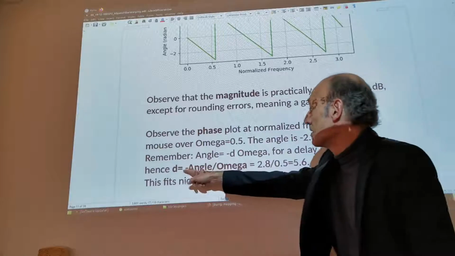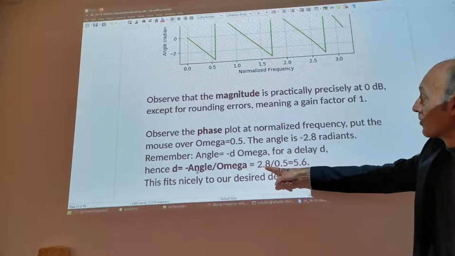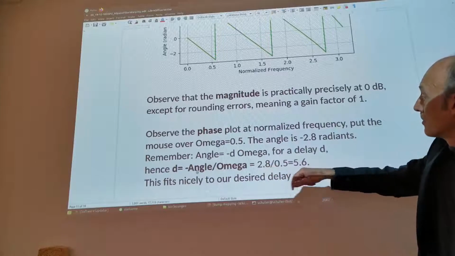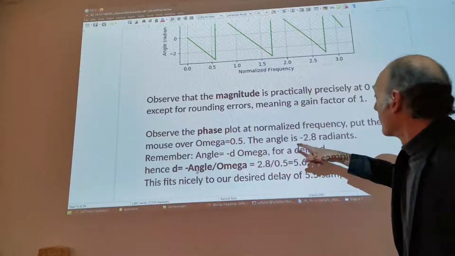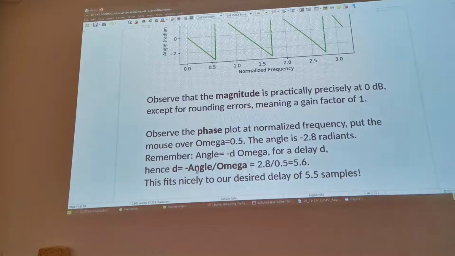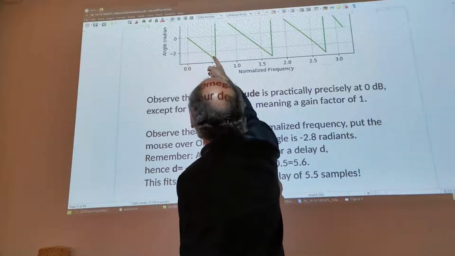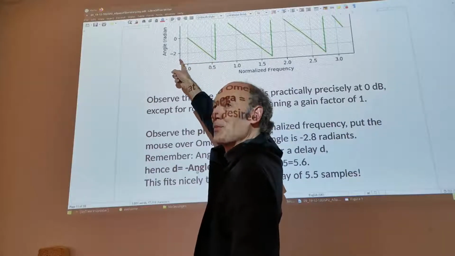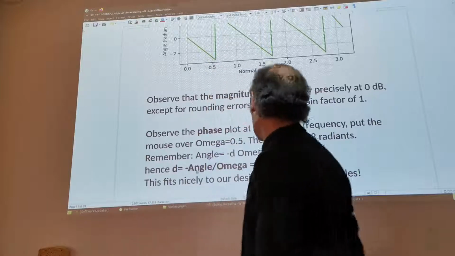And then we get d as minus angle divided by omega. So the angle was minus 2.8, so it's 2.8 divided by 0.5, and that's 5.6. So you can also see here 0.5, and this is about 2.8. Here you cannot see it so precisely, so you actually need the mouse to hover over it to get this number 2.8.